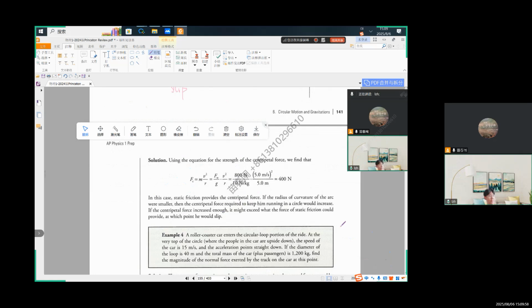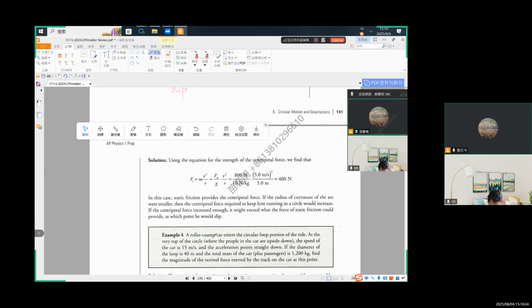Find the normal force. By the way, that's just the gravitational force there. Well, which normal force are you talking about? At this point. How do we find the normal force if the normal force is just basically the weight?